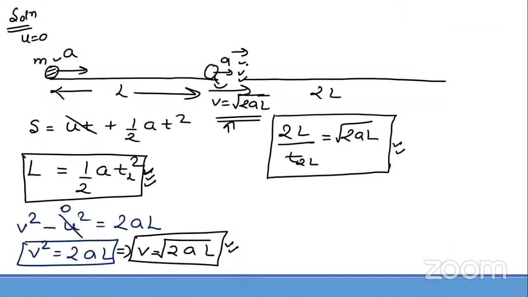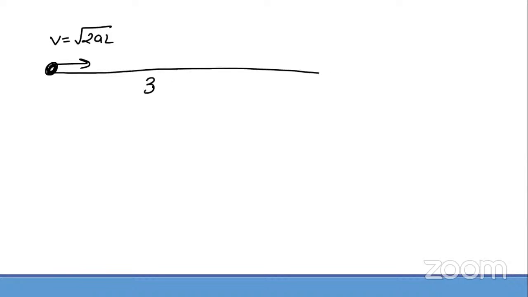When the particle covers twice L distance with uniform speed, the speed is not increasing now. Initially, the speed is attained at a particular level, now the speed is constant. So when it reaches after covering 2L distance with the speed equal to under root 2AL, here it covers the distance which is equal to 3L.